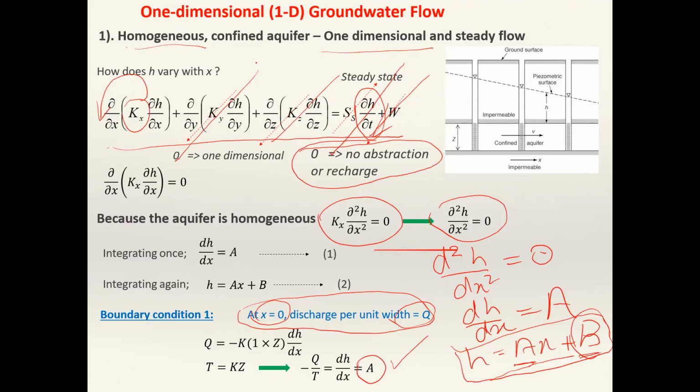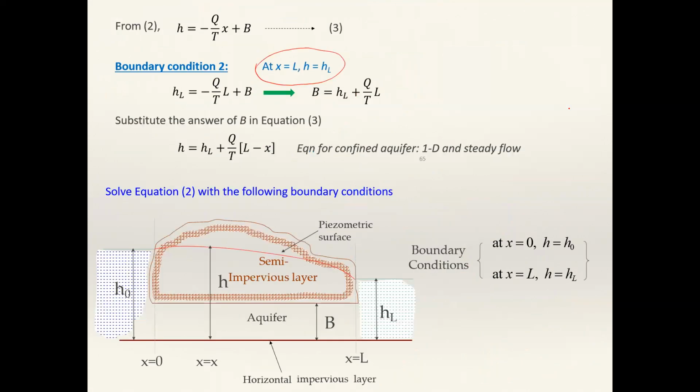For example, let's say x starts from here. When x is equal to L, h is equal to hL. So that is your second boundary condition. Substitute it. You have the equation for the variation of the piezometric head with x.